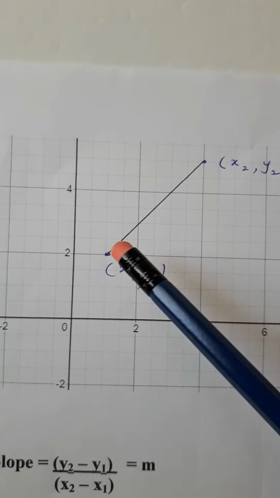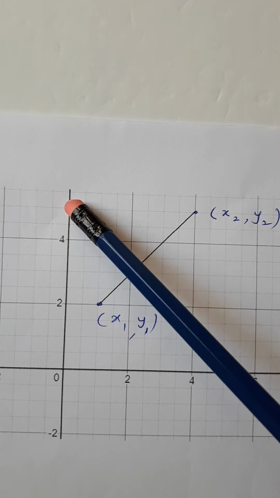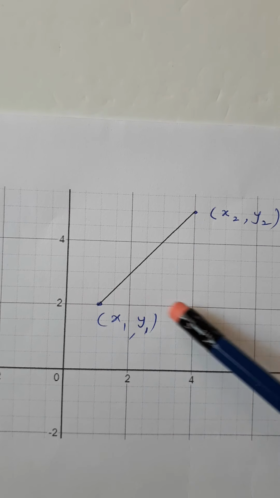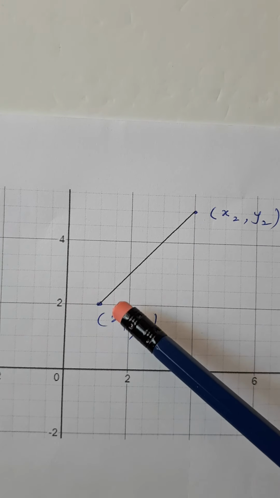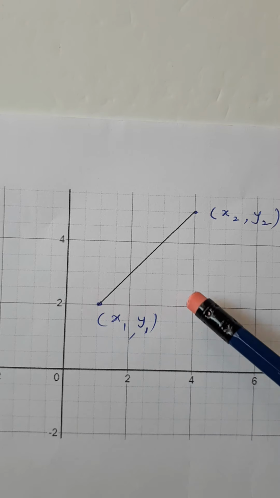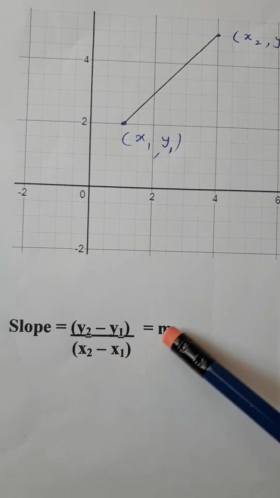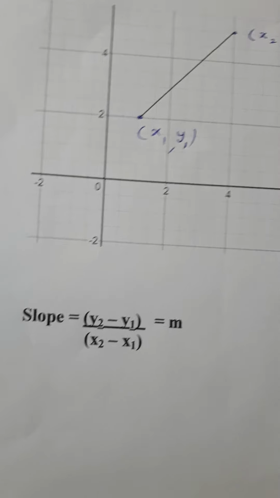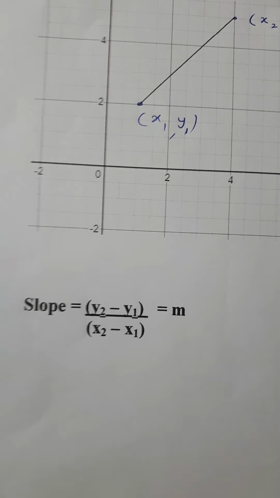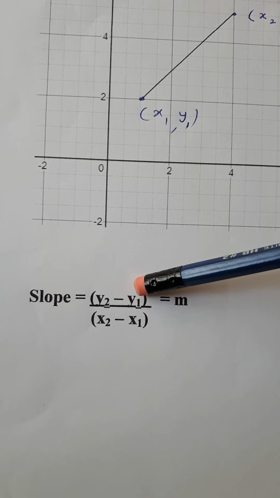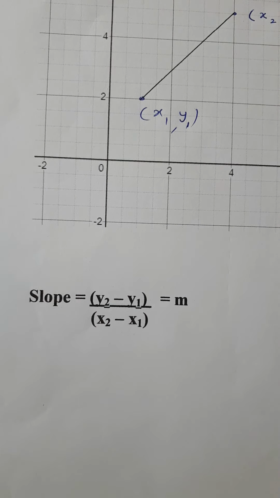And similarly, this length is x2, therefore this is also x2, x1, therefore your run is x2 minus x1. And you can call that slope m. We have something to remember. Remember the slope formula. Always the y things are on the top, x things are on the bottom.